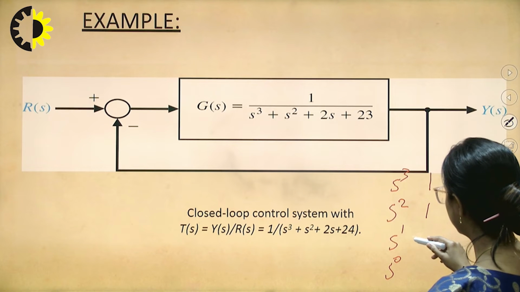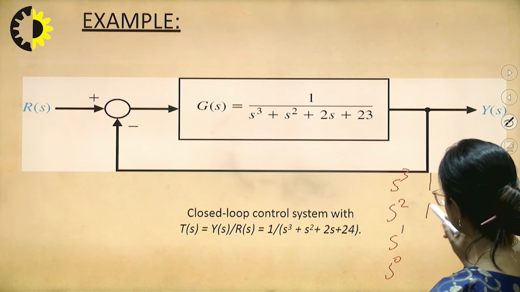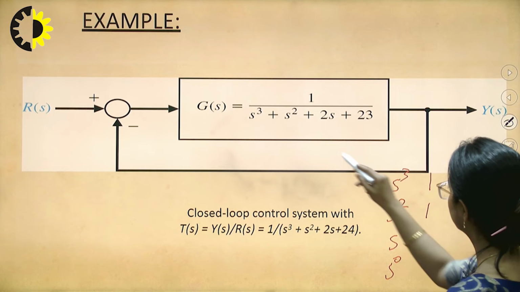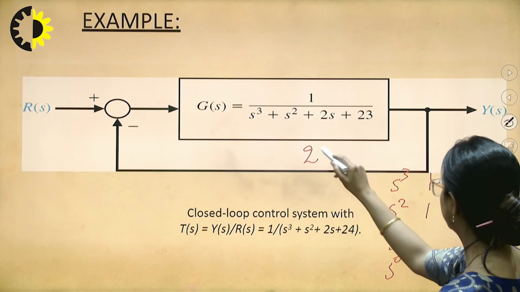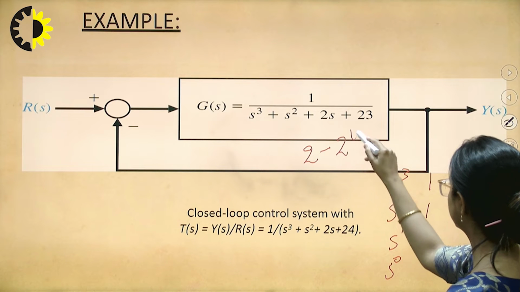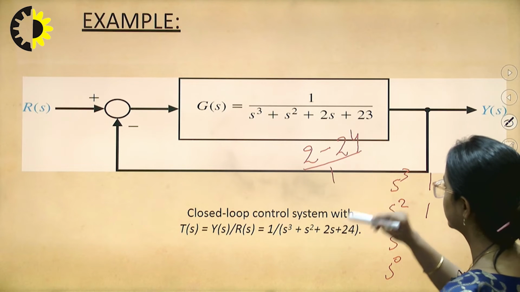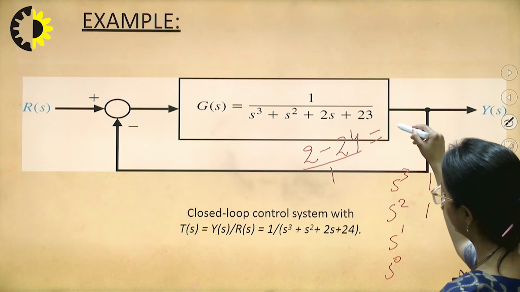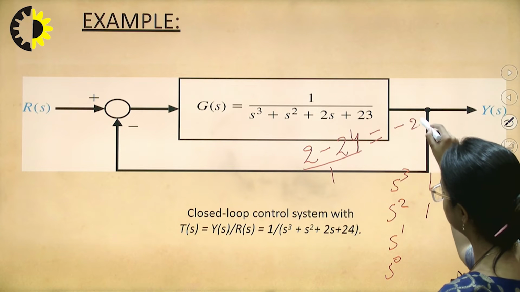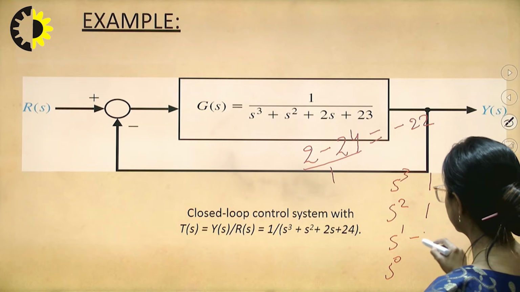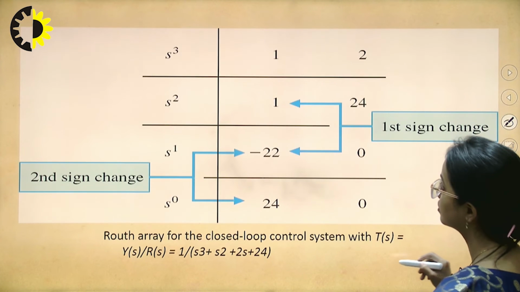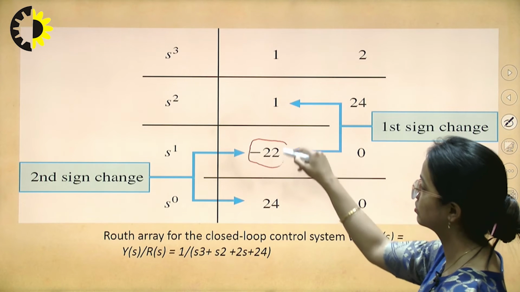So this term will be 2 minus 24 divided by 1. So it has to be minus 22. Minus 22. See, minus 22.